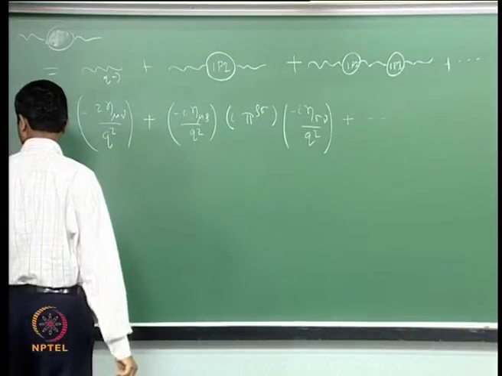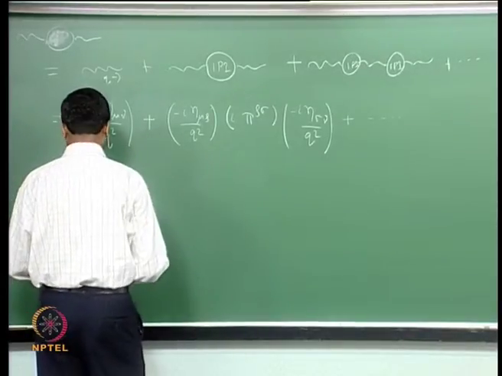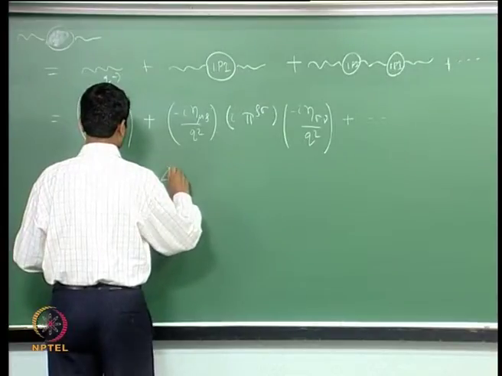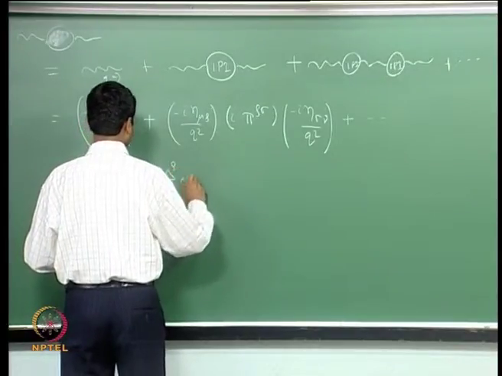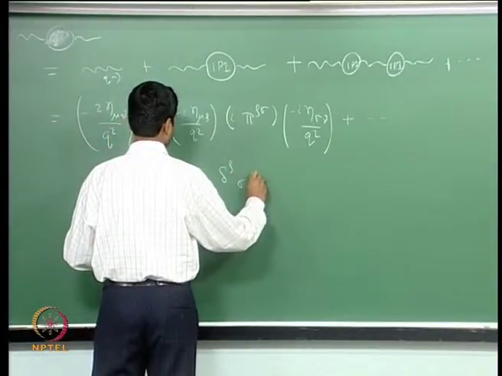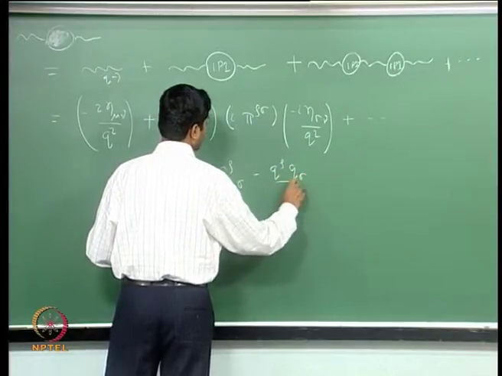Now, suppose I introduce this tensor, Δ_ρσ, to be δ_ρσ minus q_ρ q_σ divided by q².